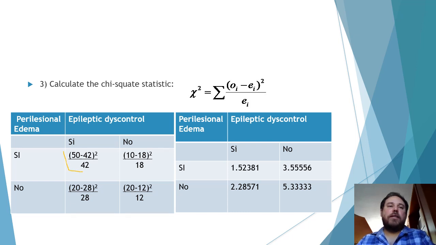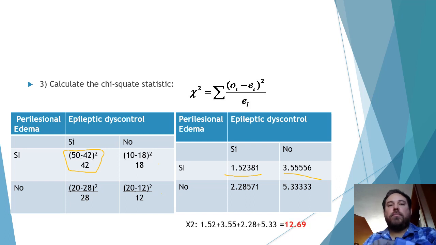The example is like this: 50 minus 42, squared, over 42. And this is the result. We are going to do the same for each cell, and then do a simple sum, in this case using only two decimal places. And this is the final answer. Our chi-square statistic is 12.69.